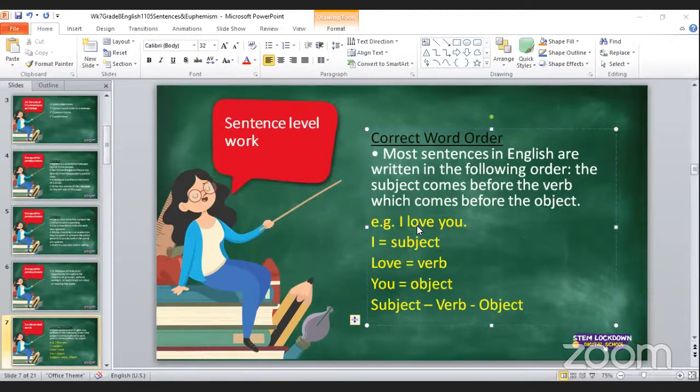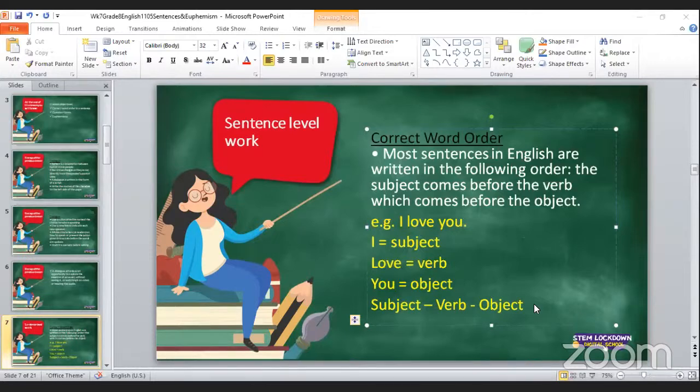And if I say you love, it will still be incorrect and you will misunderstand me, because you will think maybe I made a mistake. I wanted to say you love me. But no, what I wanted to say is I love you. So even if I say love you, it is still incorrect.